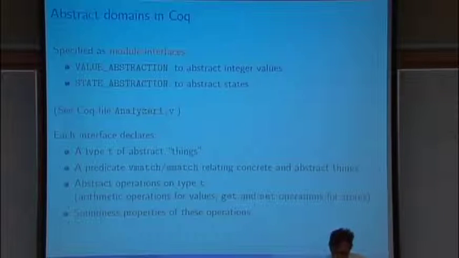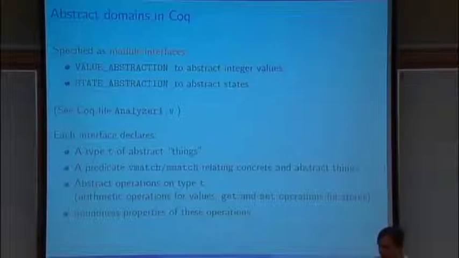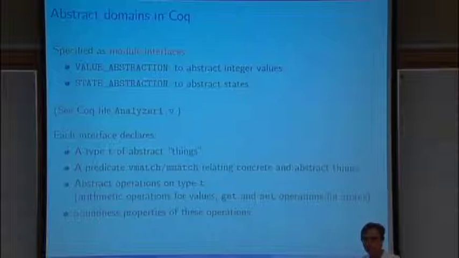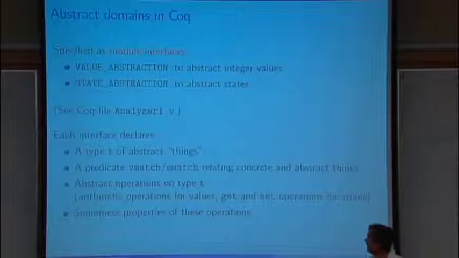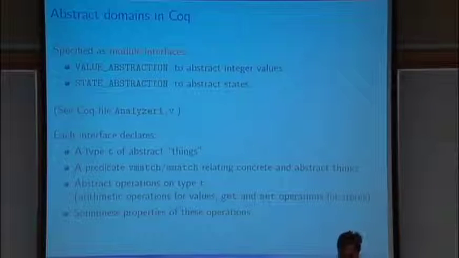And actually, I'll switch to Coq very quickly. And since we are aiming for something that is kind of general or can be used with several abstract domains, we are going to use the module system of Coq. So our abstractions will be defined as modules and specified as module interfaces. There will be one which is value abstraction that we will use to abstract integer values, because this is IMP, there's only integer values, and one for the state.